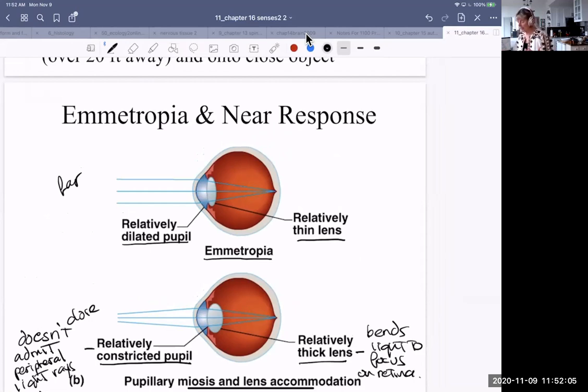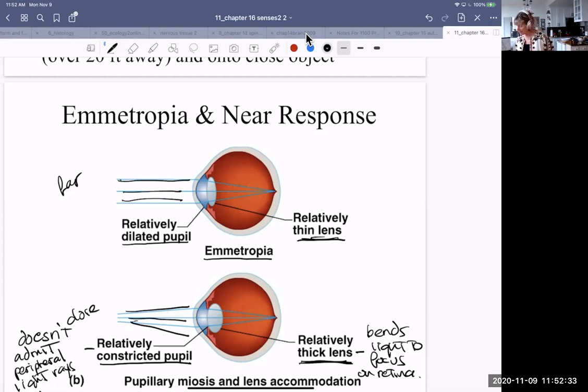So sort of the natural condition when the lens is thin is that the light will be focused on the retina. But if something's close up, the angle of light is more acute. And so it needs to be bent in order to land on the retina. So here you can see the light is parallel, but here it is not parallel. So it has to be bent more.